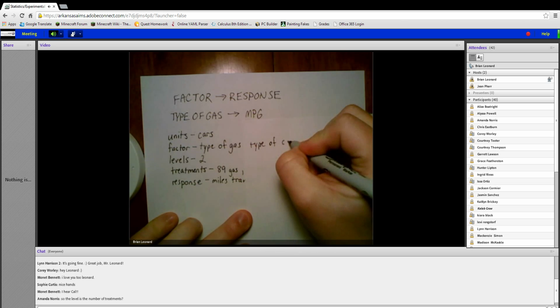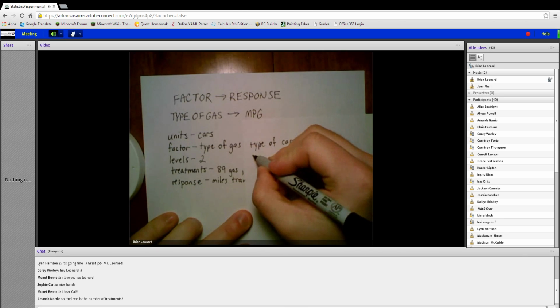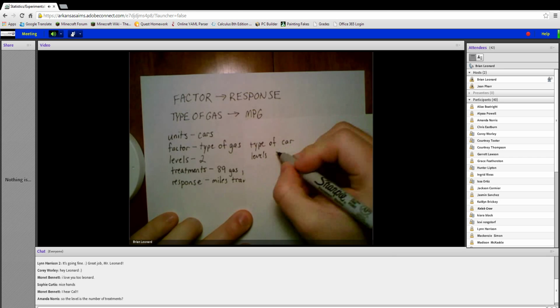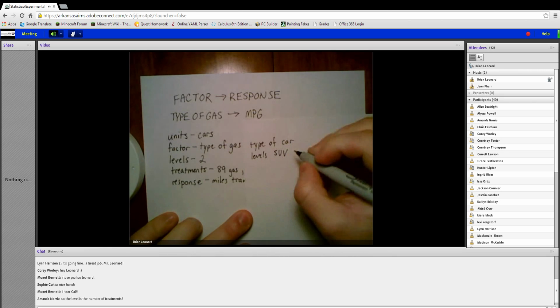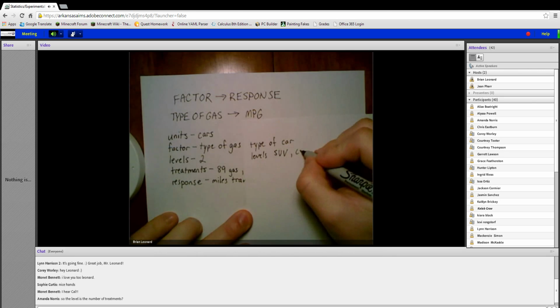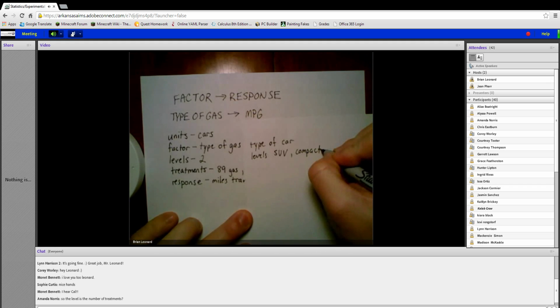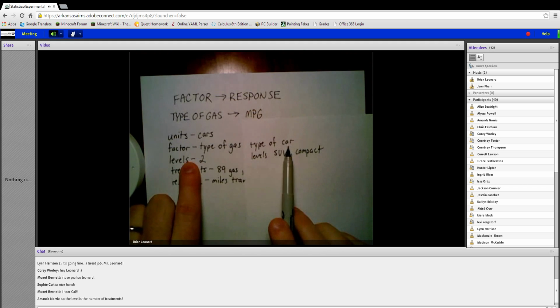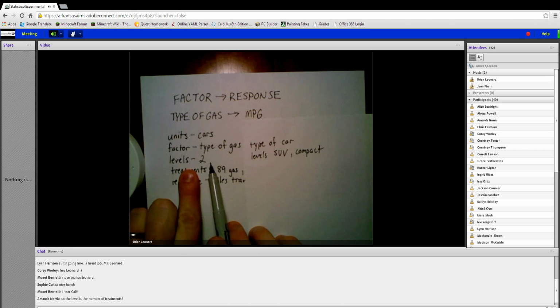And let's say I'm going to check the different levels, SUV and compact. Now, this factor has two levels. This factor has two levels.